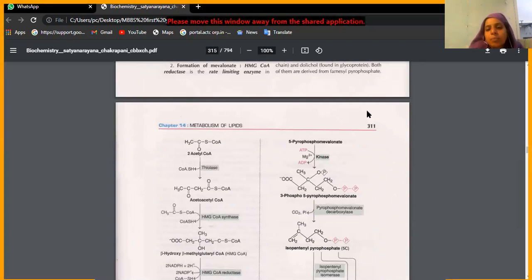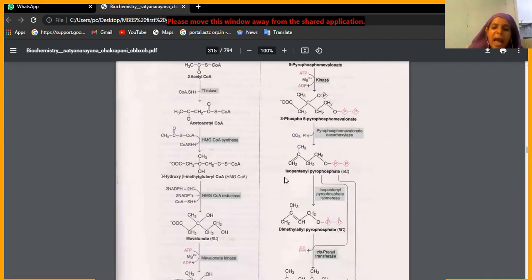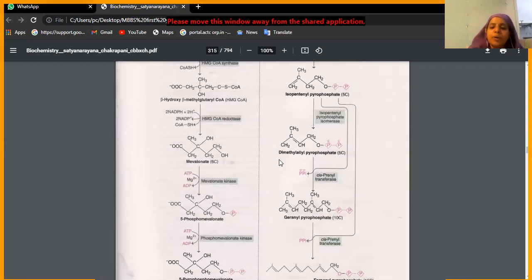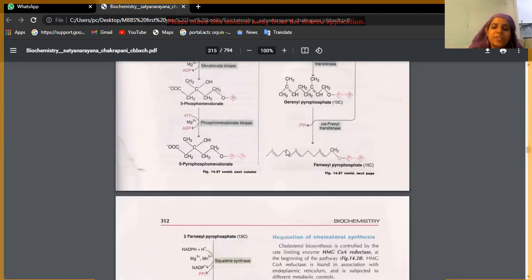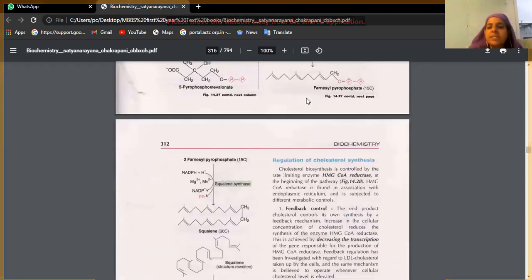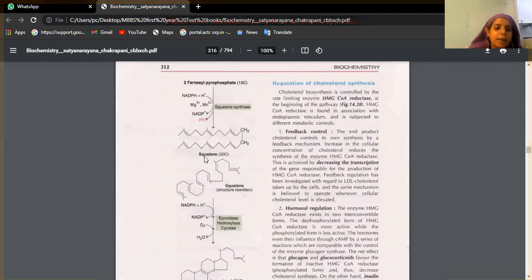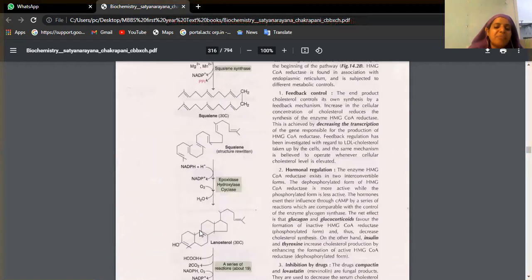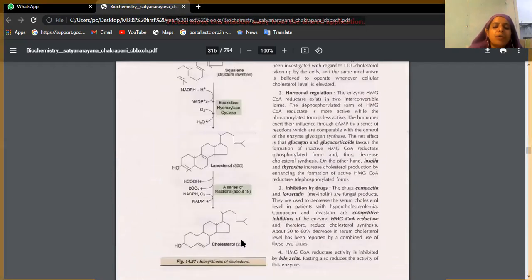You can write this mnemonic so that it becomes easy as you start memorizing. I stands for isopentenyl pyrophosphate. Don't, D stands for dimethyl allyl pyrophosphate. G for geranyl pyrophosphate, funds, farnesyl pyrophosphate. Then still squalene, love, lanosterol, charity, cholesterol.